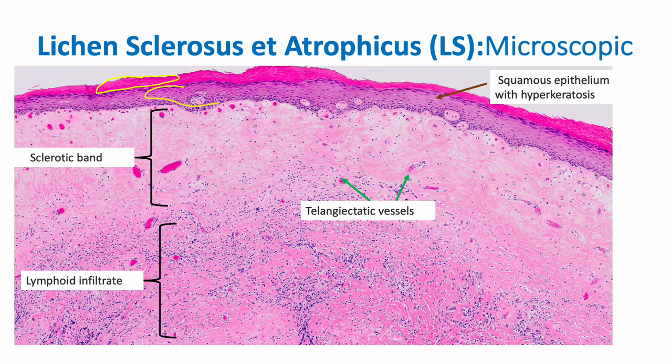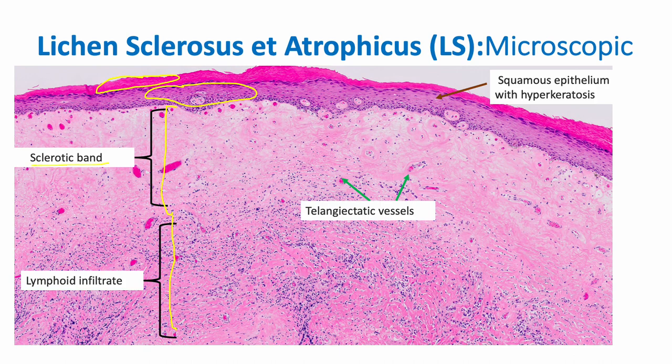atrophic squamous epithelium. We have this wide band of hypocellular sclerotic subepithelial area. Then we have a band of lymphoid infiltrate beneath this sclerotic band.